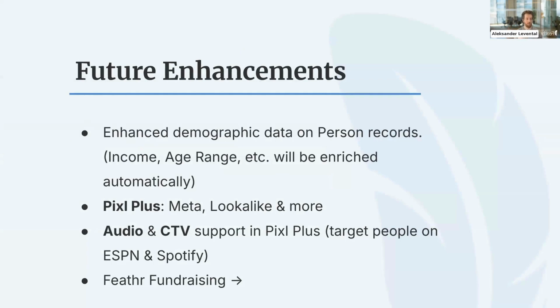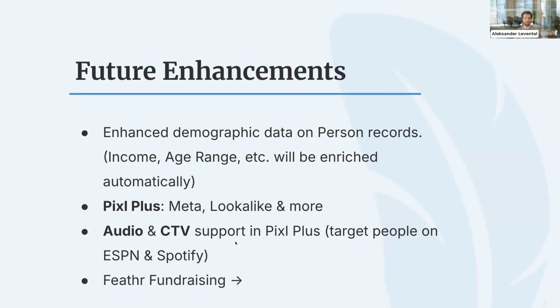A Pixel Plus campaign will automatically have backing Meta campaigns. If you connect your Facebook page to Feathr, then when you launch a Pixel Plus campaign, you will automatically be running the equivalent campaign on Meta, so Facebook and Instagram. You don't have to set up and manage another campaign.